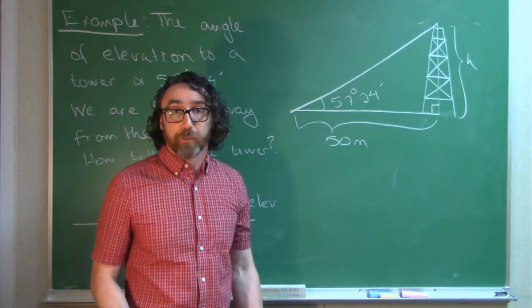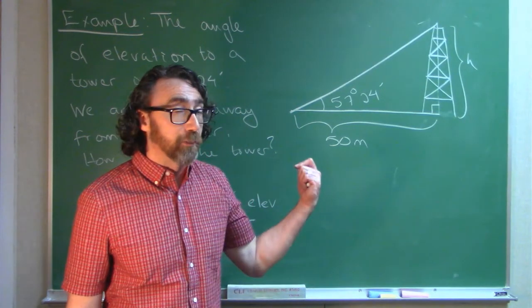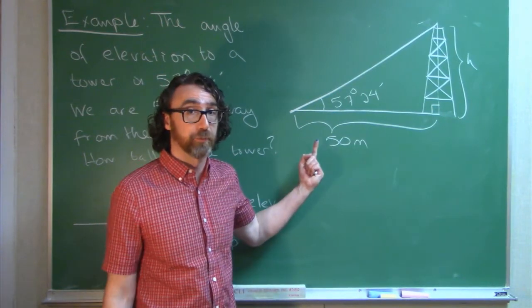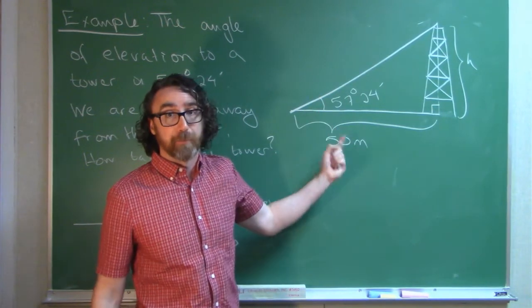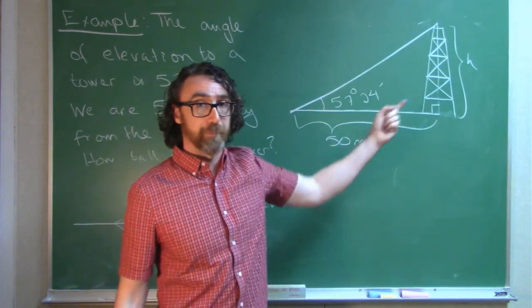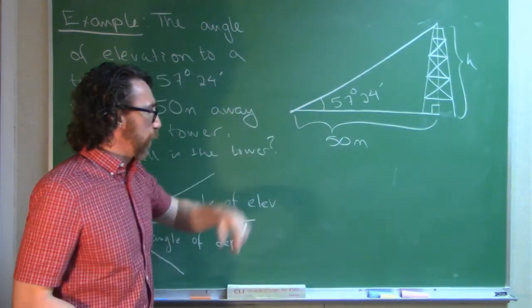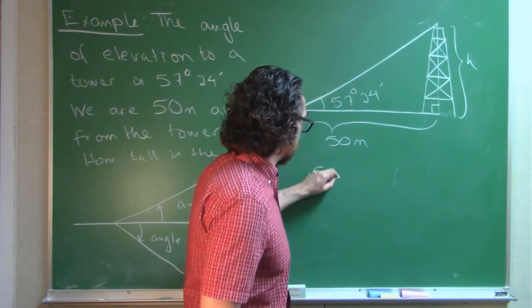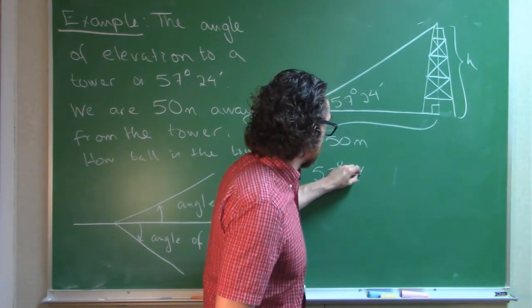Sine is opposite over hypotenuse, so that won't work. We don't know the hypotenuse. Cosine is adjacent over hypotenuse. Once again, that's out. Tangent is the one we need. That's opposite over adjacent.